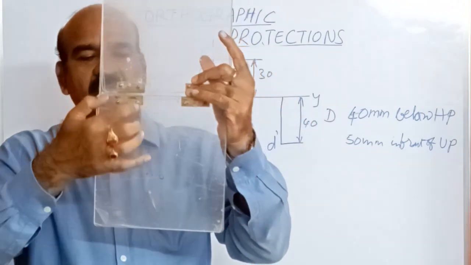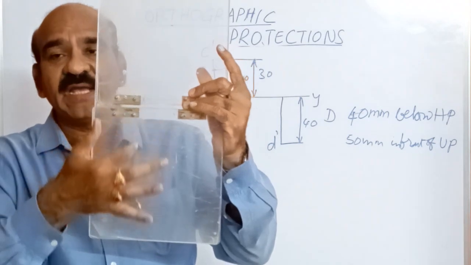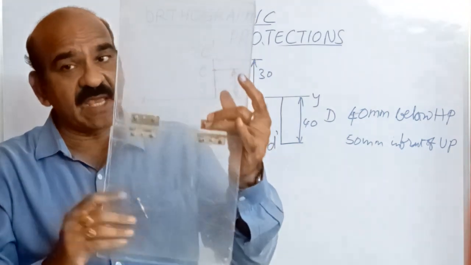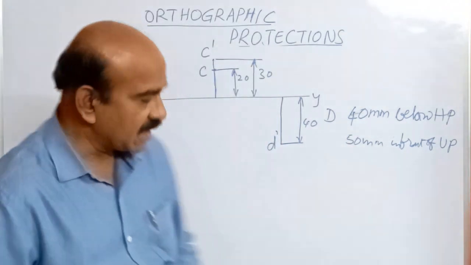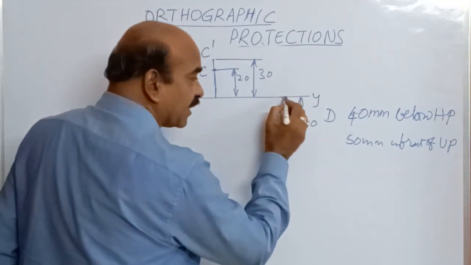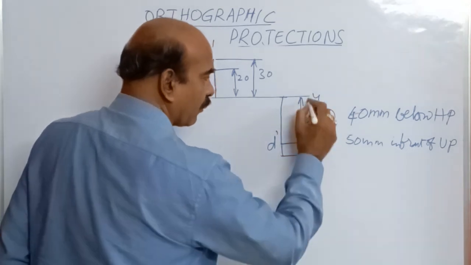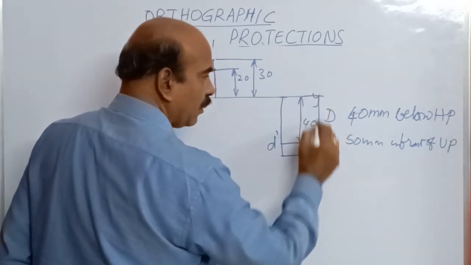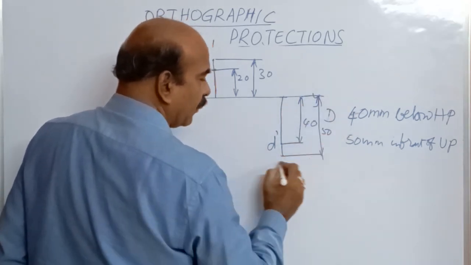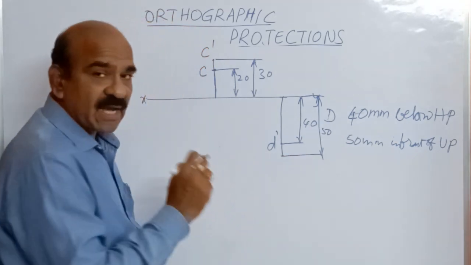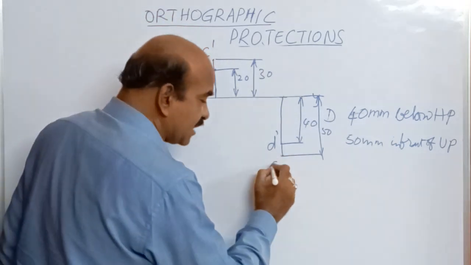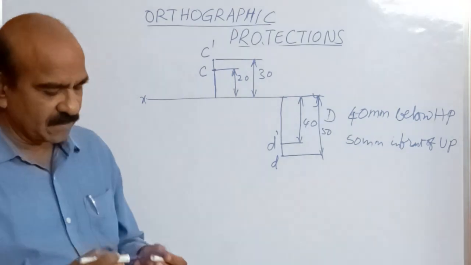You get the projection here 50 mm below the reference line on the same projector. From the reference line at a distance of 50 mm, you get the top view. Because it is the top view, mark it as D.